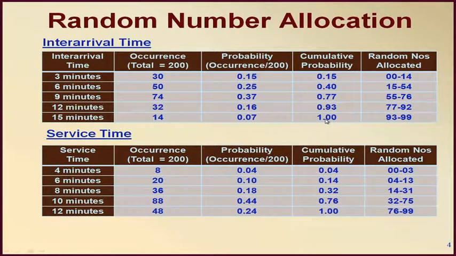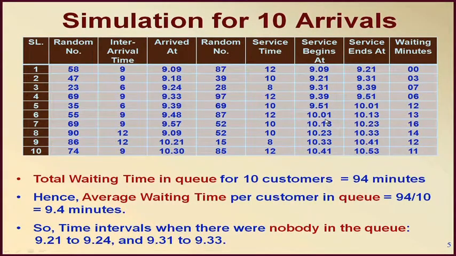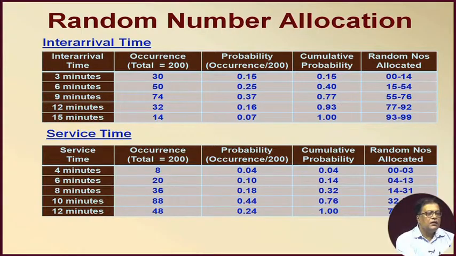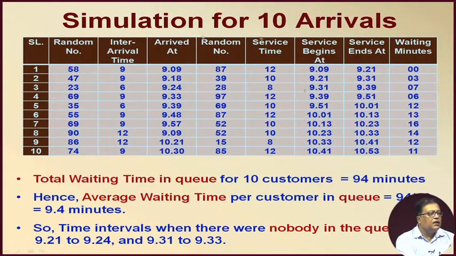After the random numbers are allocated, we come to the next step. What is that next step? We now have to compute when service begins and when the person arrives. Look here: the first person arrives at 9 because the inter-arrival time is 9 minutes.